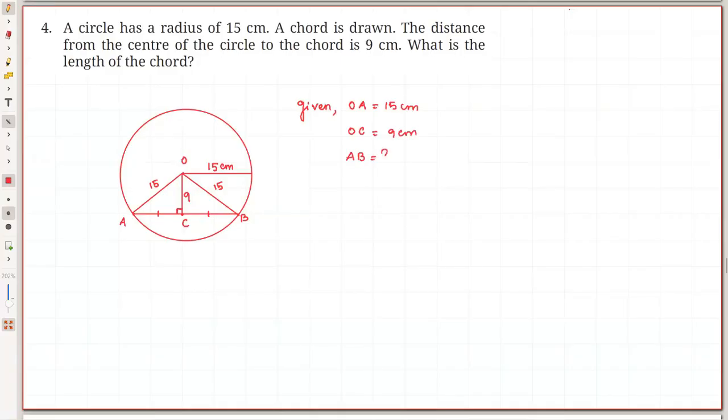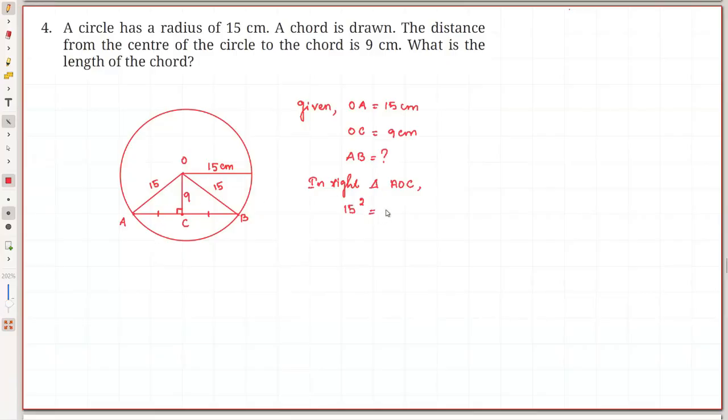AB is equal to dash. In the right triangle AOC, I can use the Pythagoras theorem: the hypotenuse square is equal to the sum of the squares of the other two sides.